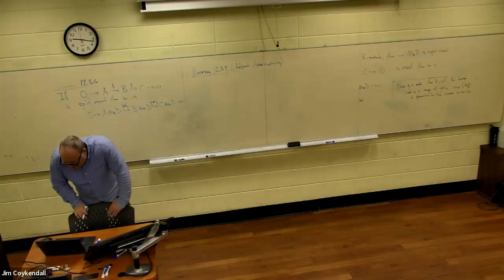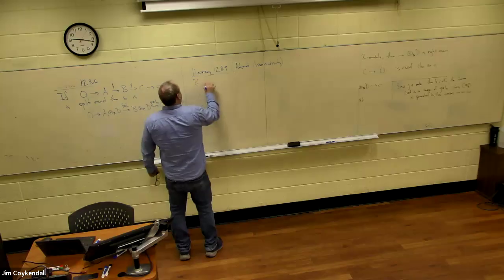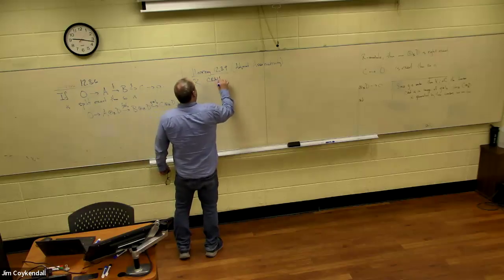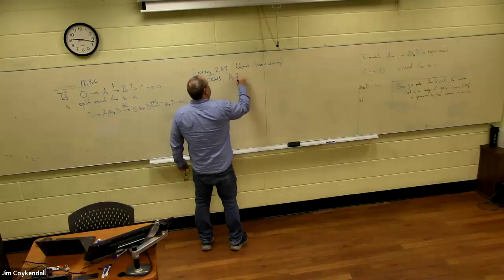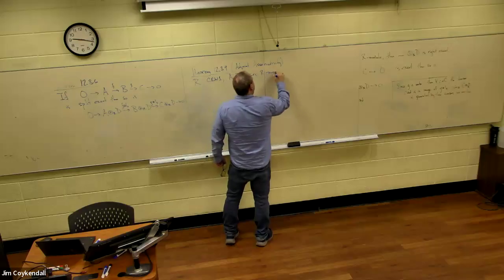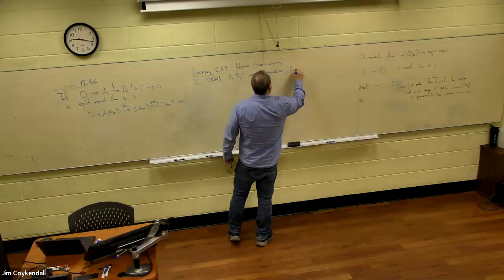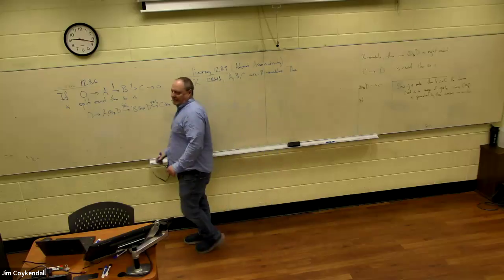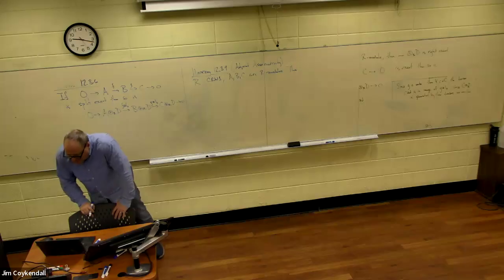R is a commutative ring with one, and A, B, and C are R modules. Then this is kind of a strange relationship between homomorphisms.